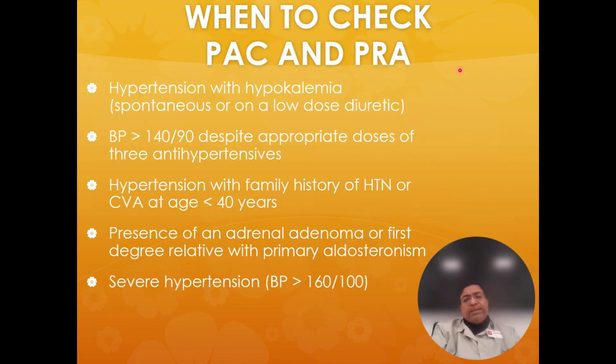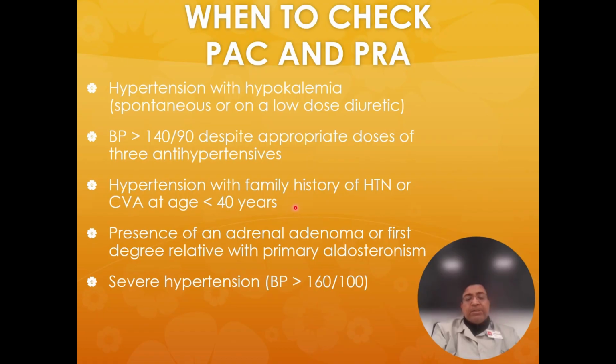So when exactly should you check plasma aldosterone and plasma renin activity? You should check it in patients with hypertension with hypokalemia, whether it's spontaneous or on a low-dose diuretic. And if the blood pressure is greater than 140/90, despite appropriate doses of 3 antihypertensives.